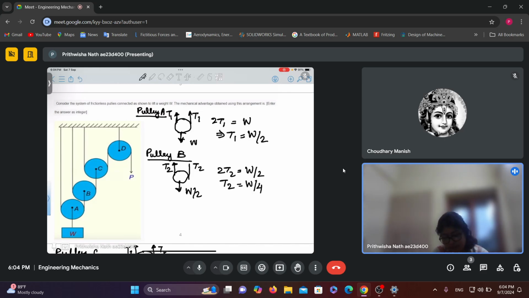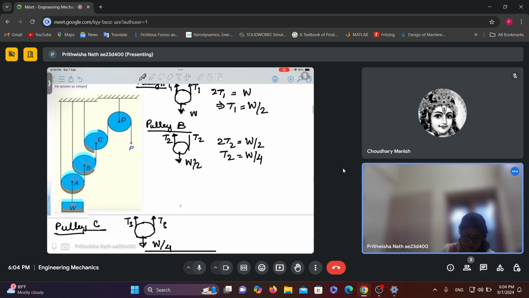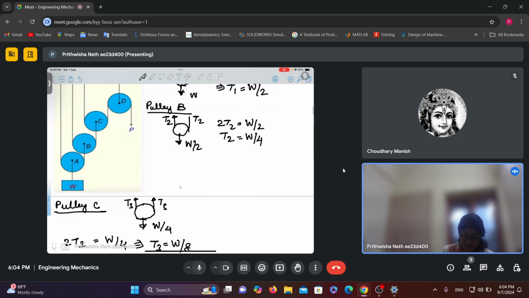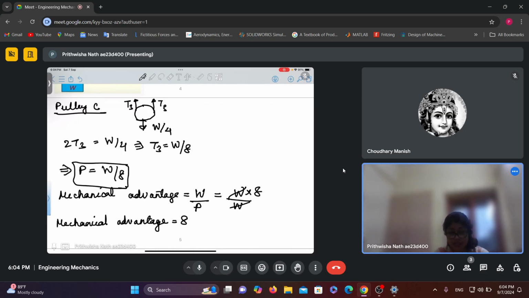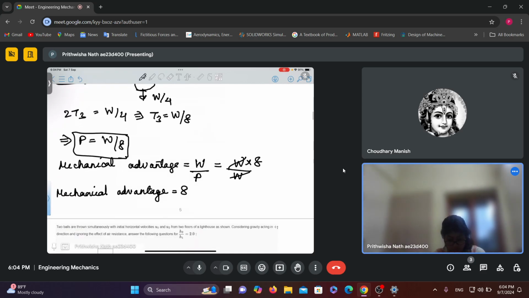So T2 from there we get as W by 4. Similarly for pulley C, we get T3 as W by 8. So mechanical advantage is given as W by P. We found out P to be W by 8. So from there we get the mechanical advantage to be 8.